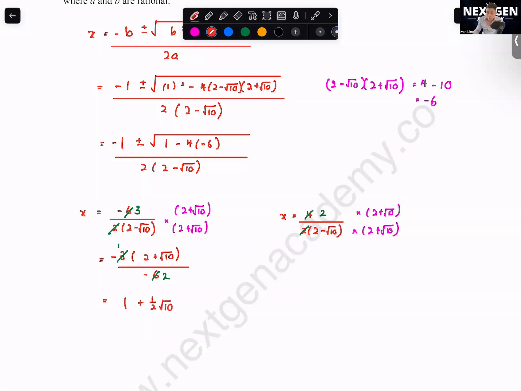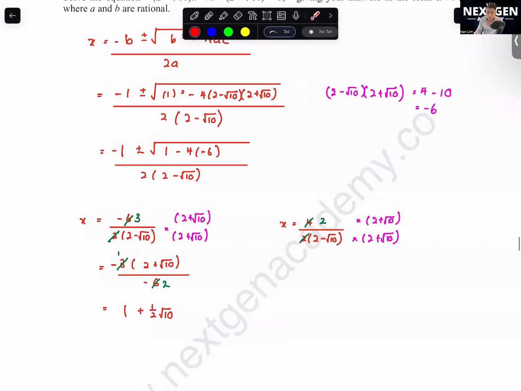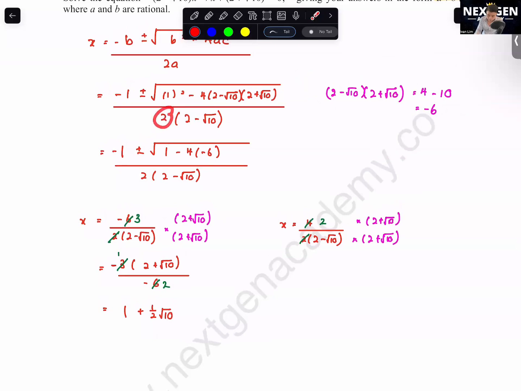Why the denominator we cannot simplify to 4 minus 4 square root 10? From where? Where do you expand it to 4 minus 4 sub 10? This one is rationalize the denominator, so you will use this form here.